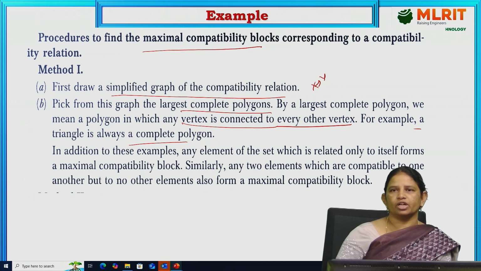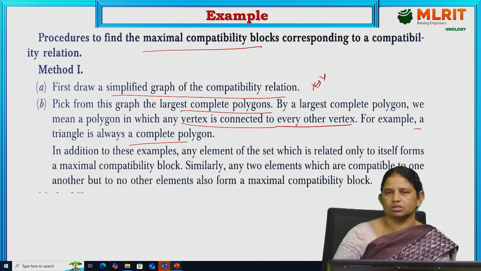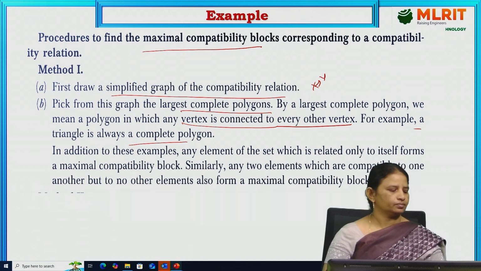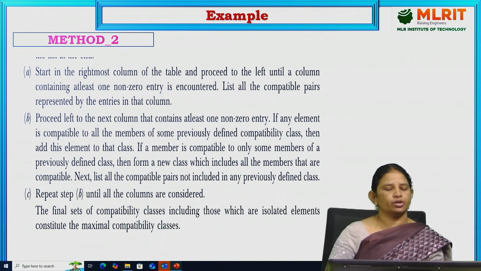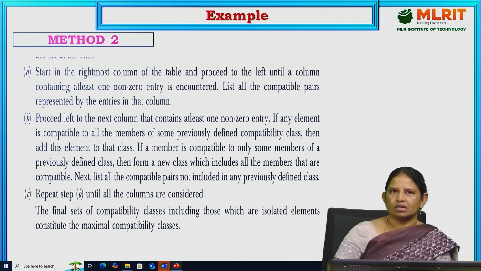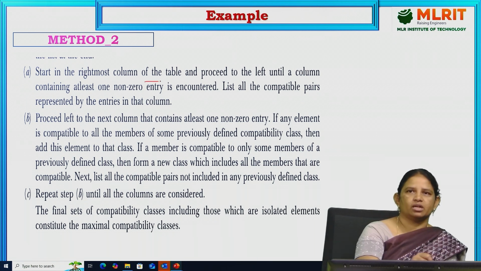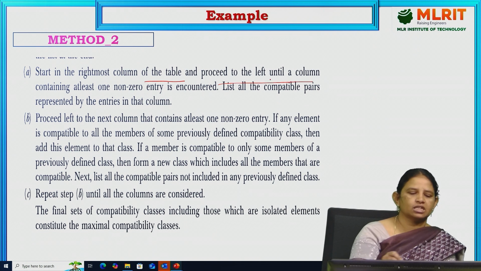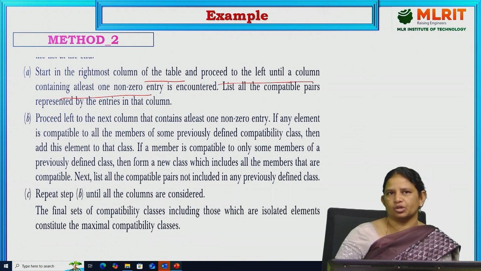And also we need to find the maximal compatibility blocks. In the case of compatibility blocks, the same elements should not be present in another block. We start with the rightmost column of the table and repeat the process until the leftmost element containing at least one non-zero entry.